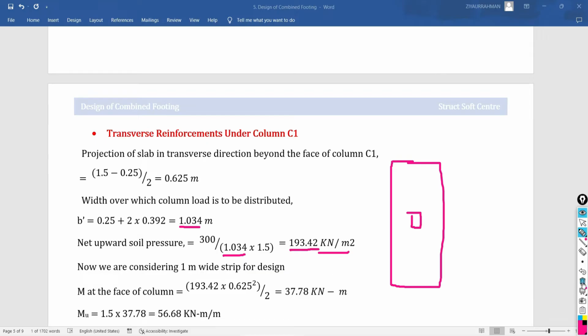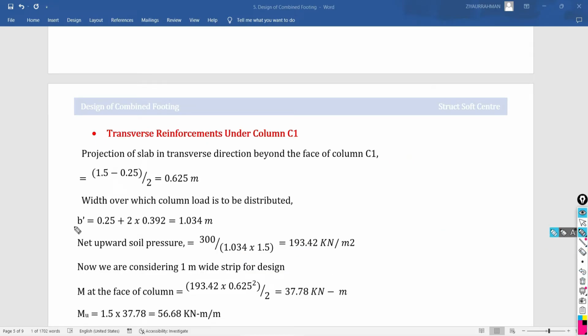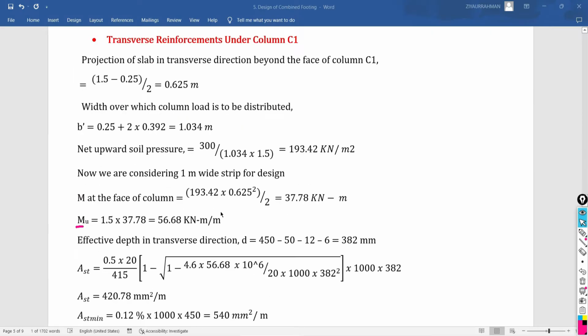One more thing, here the actual width of the design strip we are getting is 1.034. But to make the calculation easy and to understand the thing in a better manner, I am going to consider 1 meter of design strip as the width.